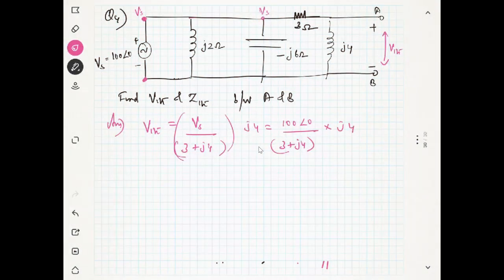Vs is 100, and you know this 100 angle 0 has to be converted into polar coordinates. Then you can solve this.